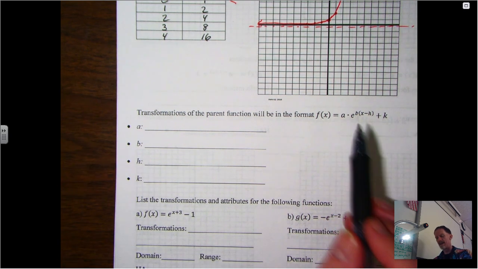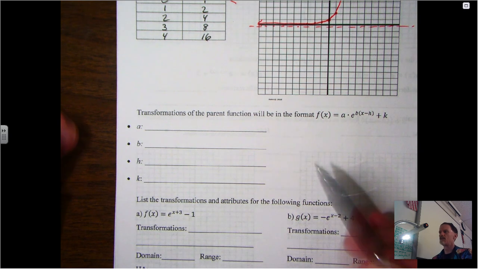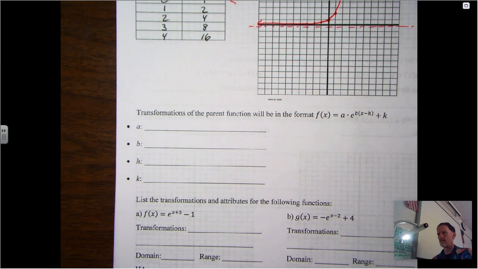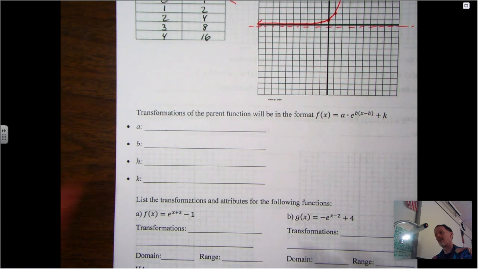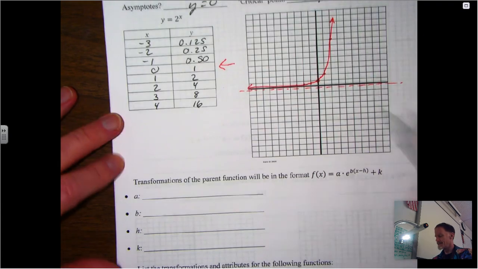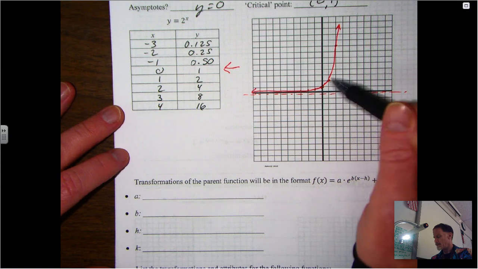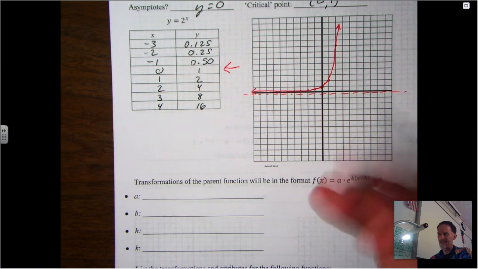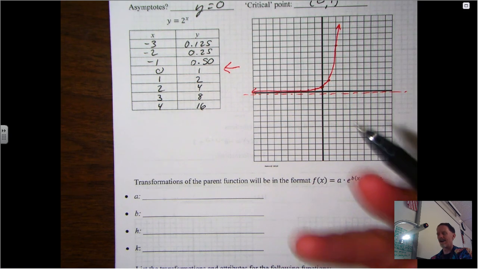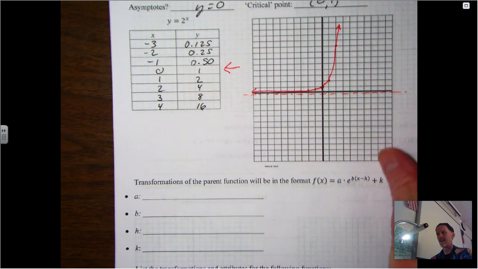Now the good news on a: when you're in Algebra 2, you talked about a as a vertical stretch, vertical compression, and stuff like that. For exponentials, does a 2, like a vertical compression or vertical stretch, change the graph? Yes. We're just not going to be too concerned about that this year.